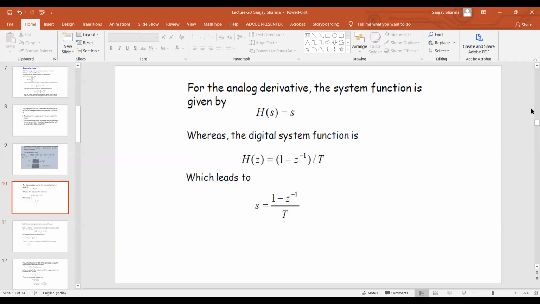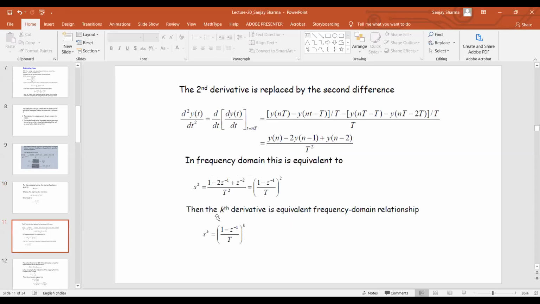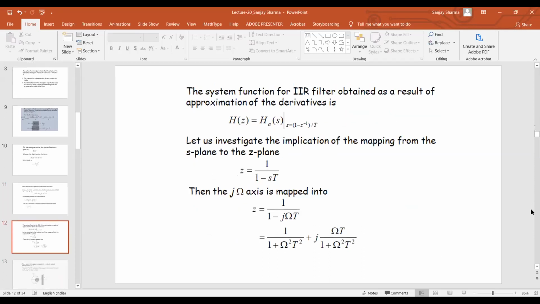Any s in the transfer function, when we convert into a digital function, will be replaced with 1 minus z to the power minus 1 divided by T. s square will be replaced with this factor, and any other derivative will be replaced, giving the value k, with this factor.